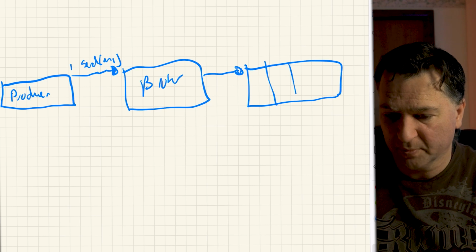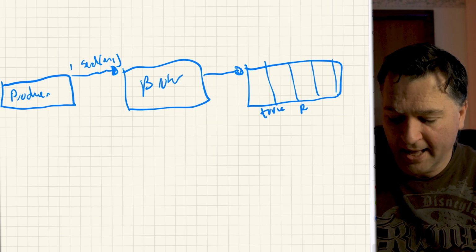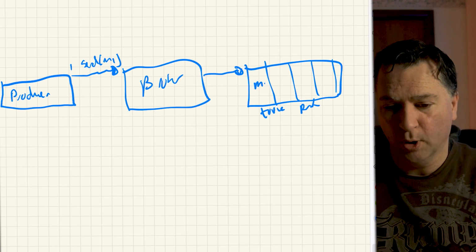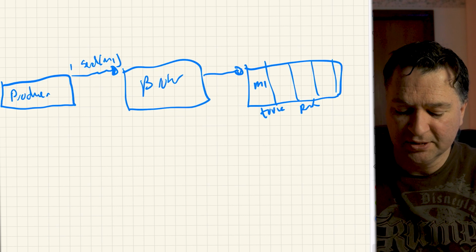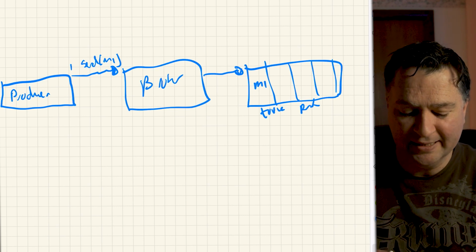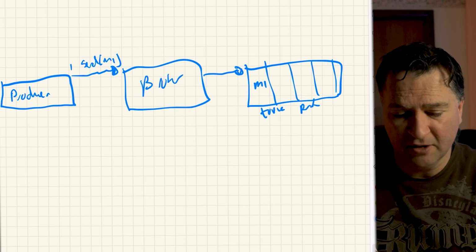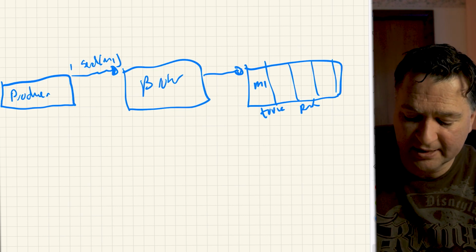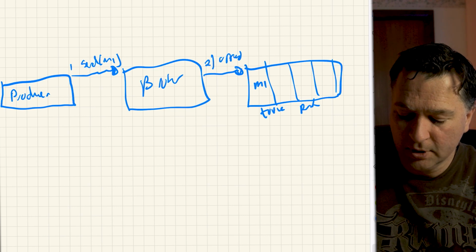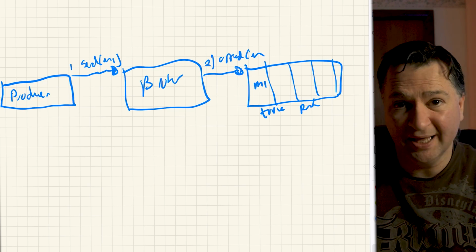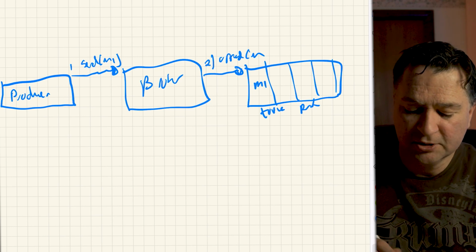So we'll draw our topic partition here, and it's going to put M1 onto our topic partition. Now, the producer is going to wait for an acknowledgement. So we'll put 2 here, which is append M. But what it's then going to expect is this acknowledgement message back from the broker.